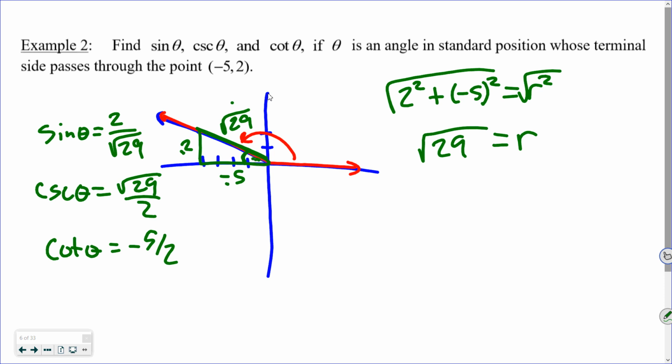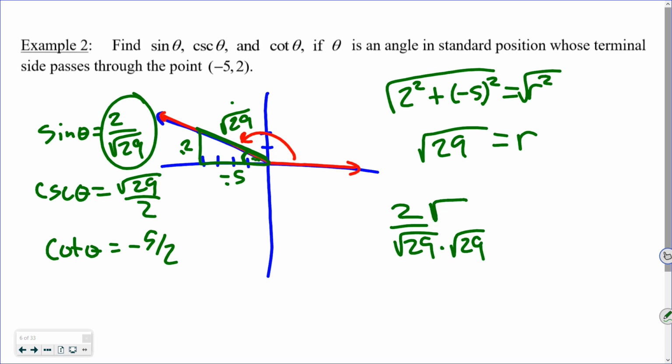Hey, real quick as a side note, some of you may remember that sometimes you're asked not to leave the square root on the bottom. In calculus, we don't worry about simplifying that unless it's multiple choice and the answers are simplified. But let me remind you how you would do that. If you have a square root in the bottom of the fraction and you want to rationalize the denominator, we times by whatever the denominator is.